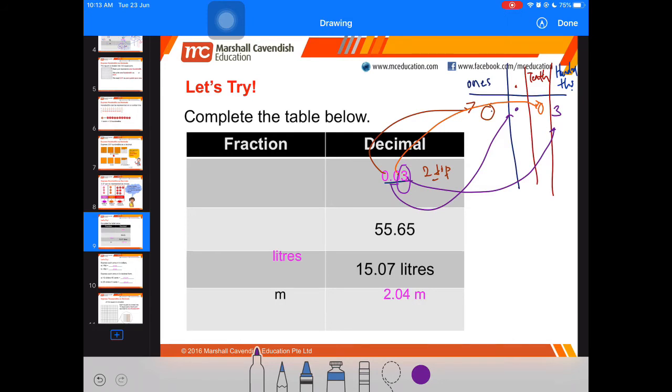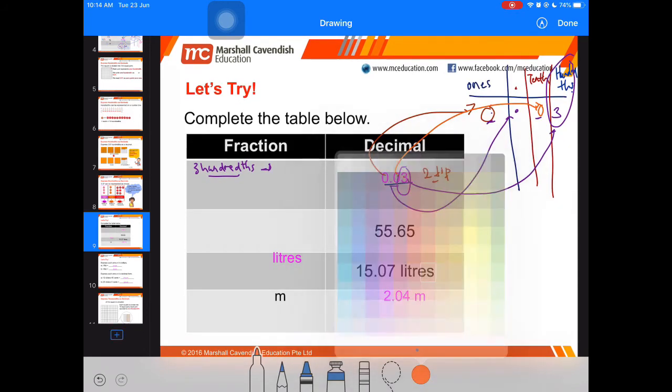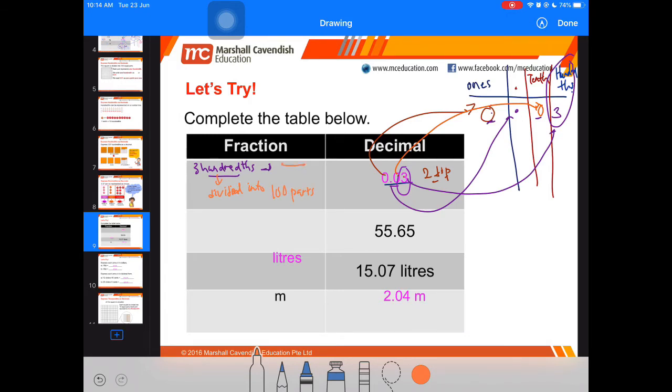So 0 ones, nothing to write. 0 tenth and 3 hundredths. So hundredth means it's divided into 100 parts. The denominator is 100 and there's 3 hundredths. So the answer is 3 out of 100 equal parts.